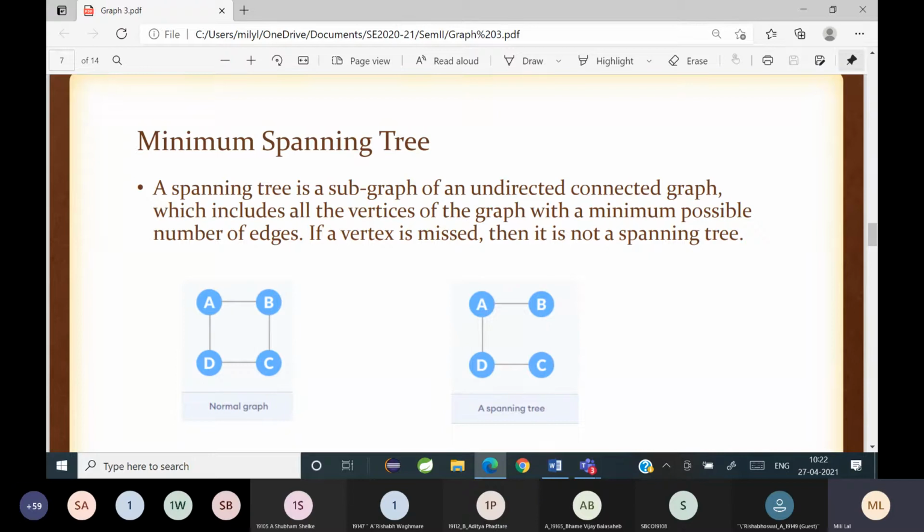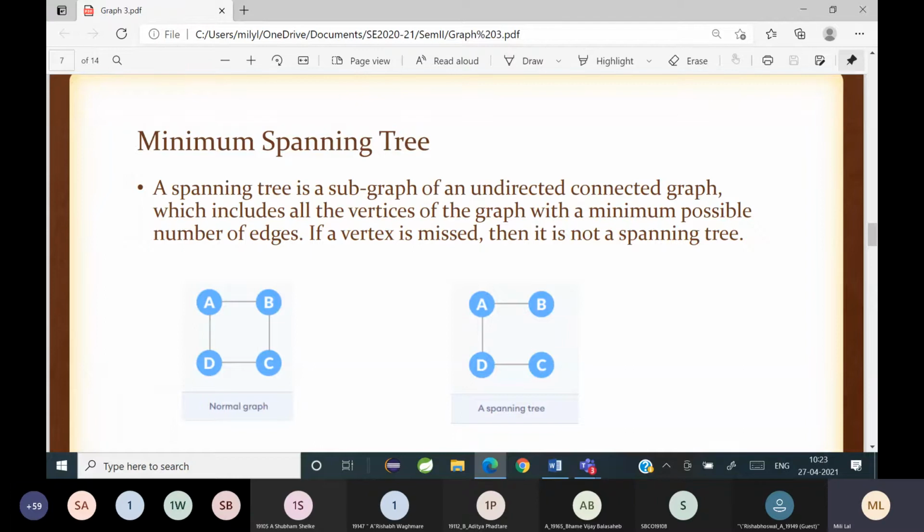Now what is a minimum spanning tree? You can see a normal graph on the left side and a spanning tree graph on the right side. So one condition of a minimum spanning tree is that we need all the vertices to be there in the spanning tree, but the edges will be selected as per the minimum weight.